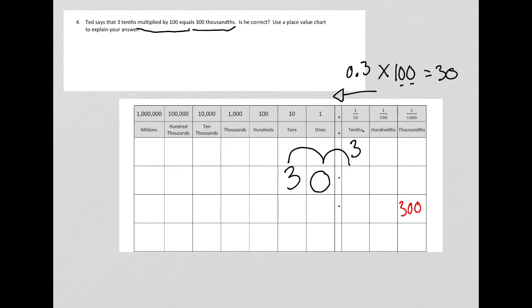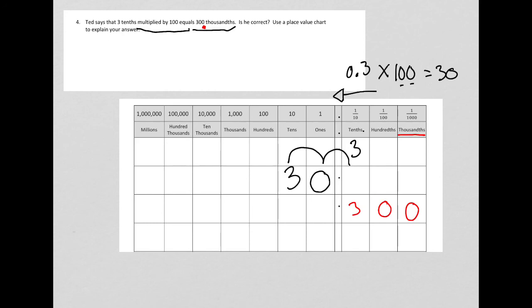So my 300, I want the 0 in 300 to end in the thousandths place. So I always will fill out that place first because it's thousandths. The last digit of our number should end in that place. So I write the 0, and then I can fill in the rest of the number.